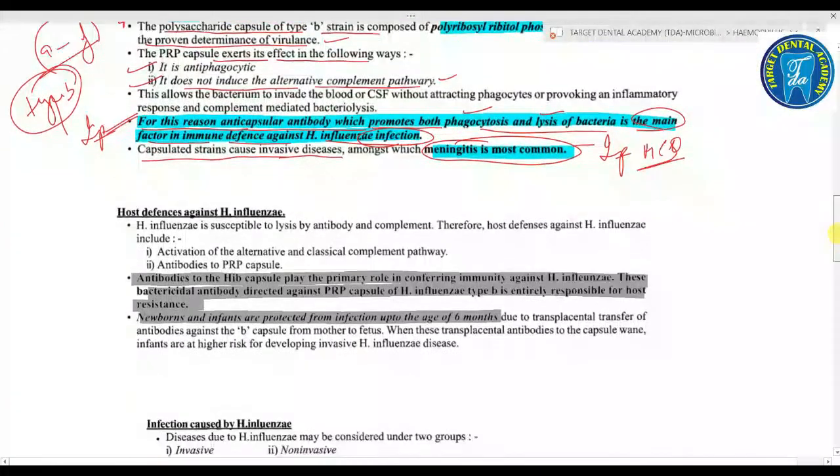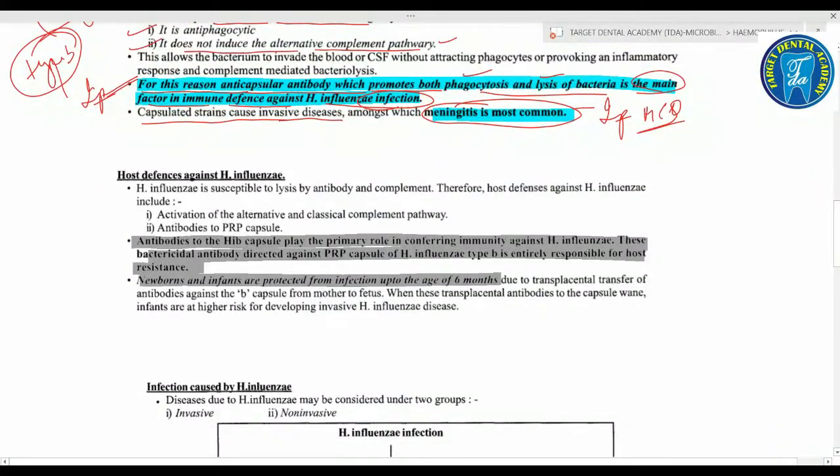Right? Coming on to the host defenses against H. influenzae. It is susceptible to lysis by antibody and complement. Therefore, the host defense against influenzae includes activation of the alternate and classical complement pathways and antibodies to the PRP capsule.